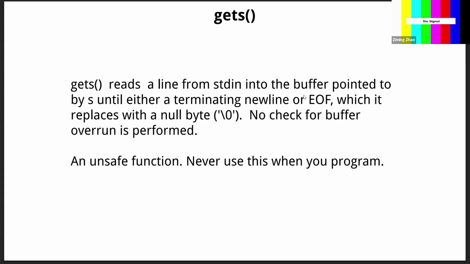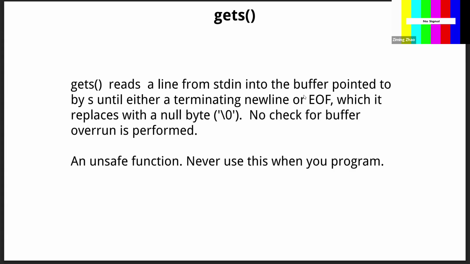It will put the input into that buffer, and it will add a null byte at the end, and it will only stop reading when it finds a new line or end of file. Okay, so it doesn't care how long your input is. It will only look for a new line or end of file.